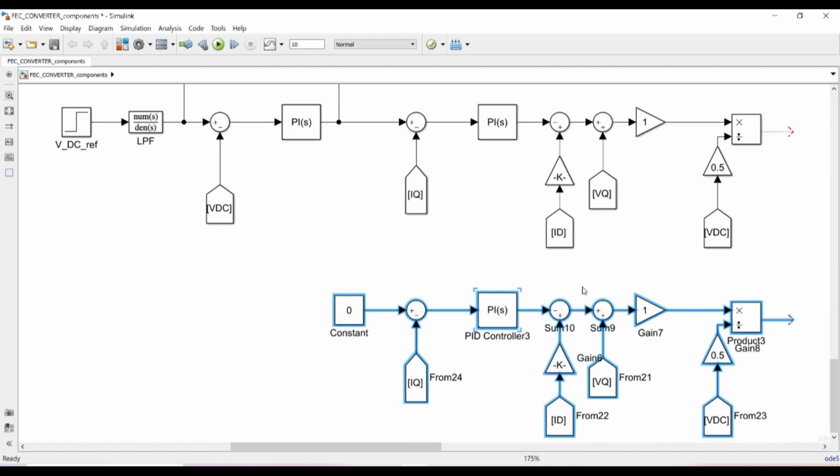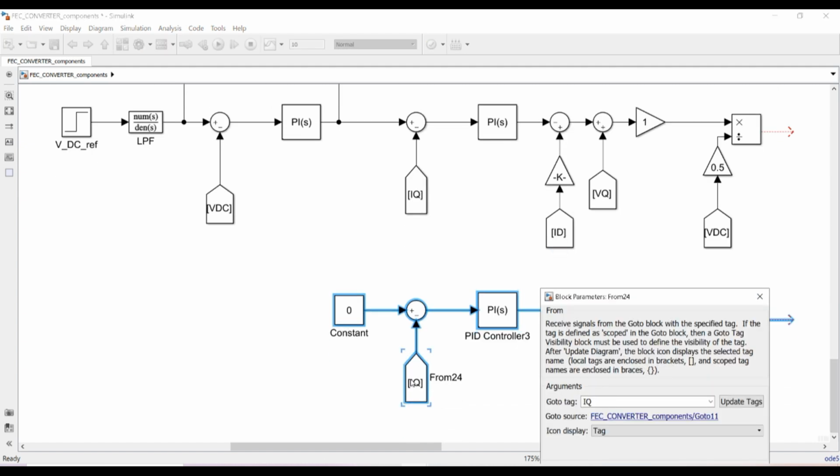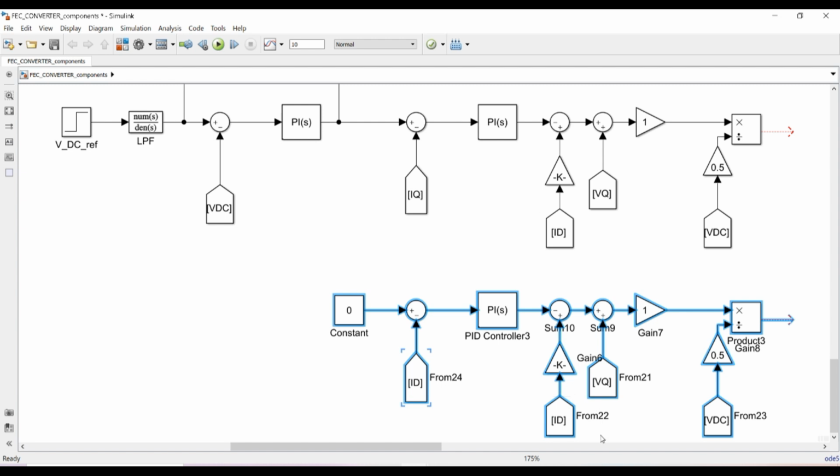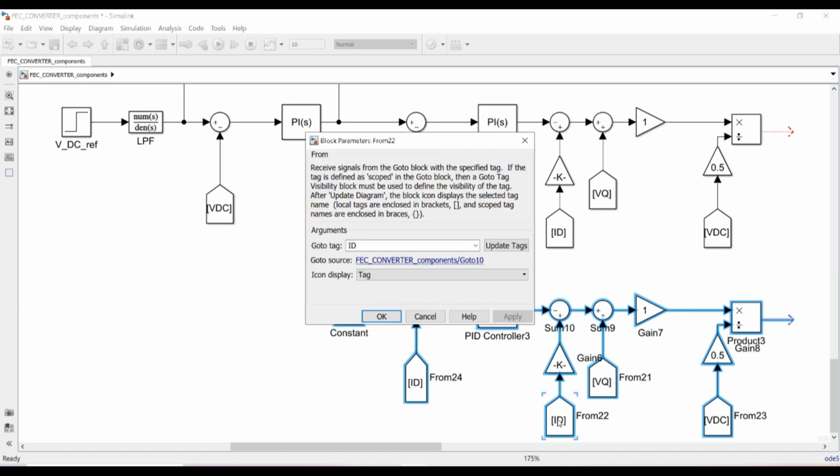So here it will be ID. Here it will be omega L grid, and here it will be IQ.